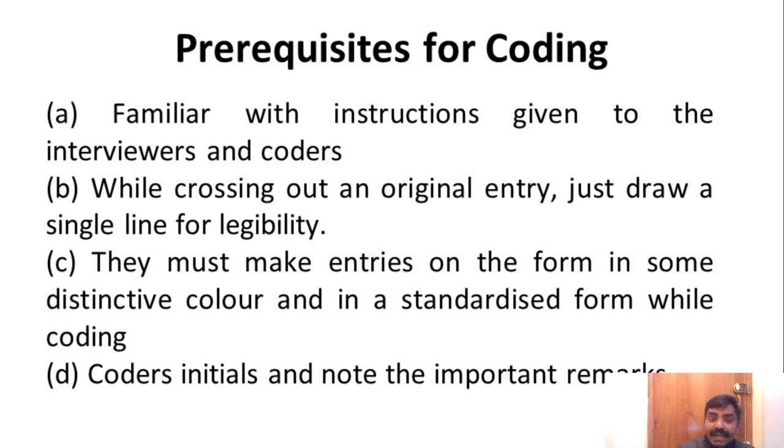They must make entries on the form in some distinctive color and in a standardized form while coding. Because at the time of coding, it is not just one or two responses. You may have hundreds. To minimize the dilemmas, confusion and mistakes, it has to be marked with a distinctive color and a standardized form while coding.